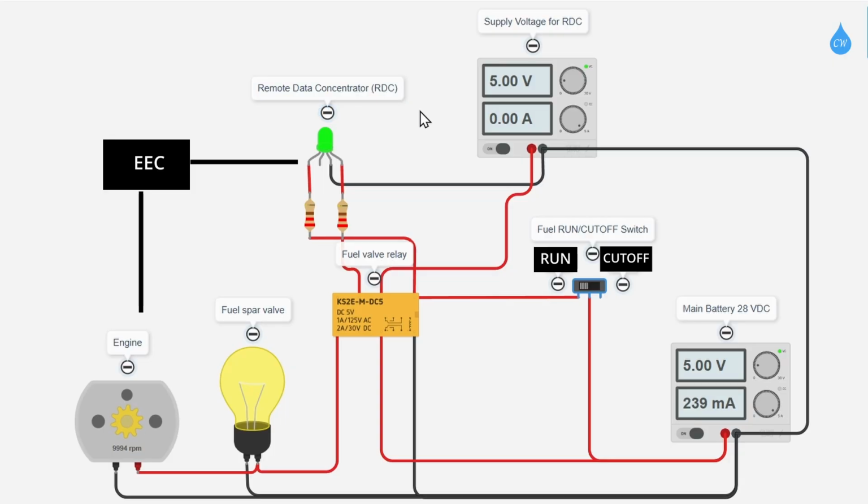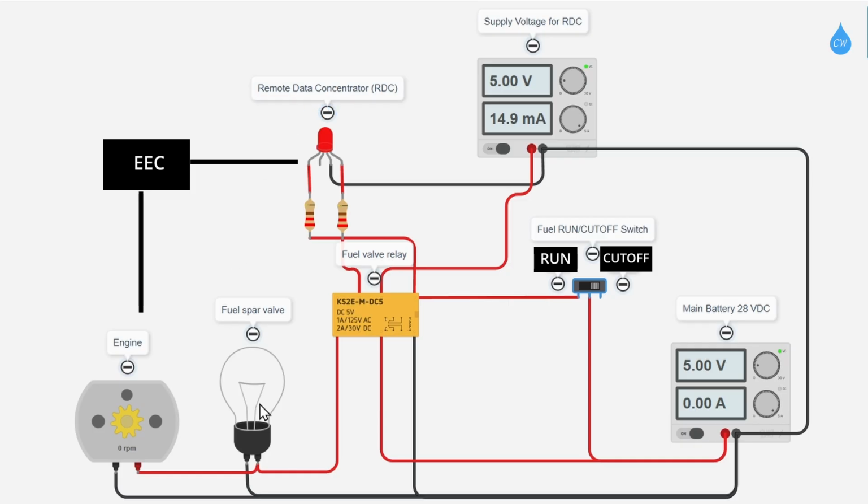Now, this aircraft is going down the runway. It takes off, and right after liftoff, what does the captain supposedly do? He moved that switch to the cutoff position right after takeoff. The RDC detects that the fuel switch was put in the cutoff position.